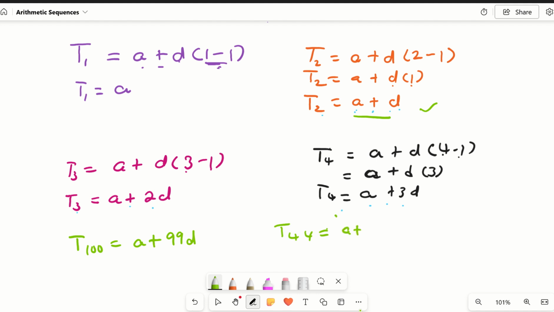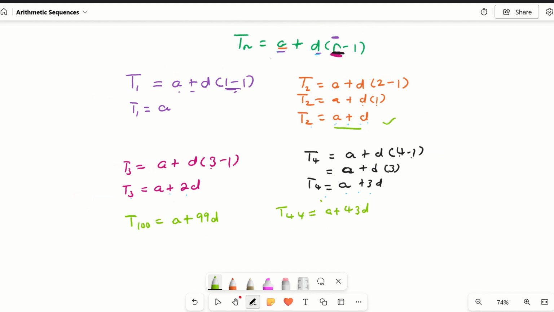Do not do any calculation. Just tell me immediately. You've already seen the pattern. Then come on, let's talk. T44 is equal to A plus 43D. Proper stuff.